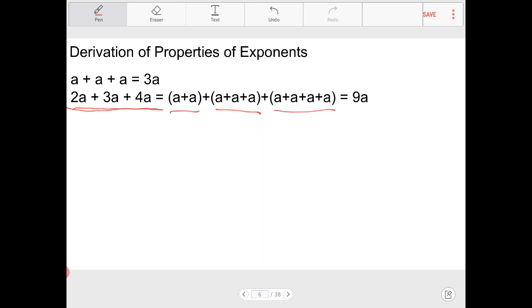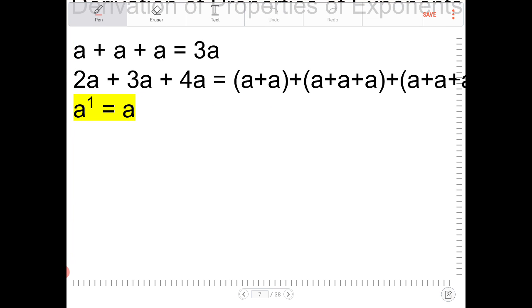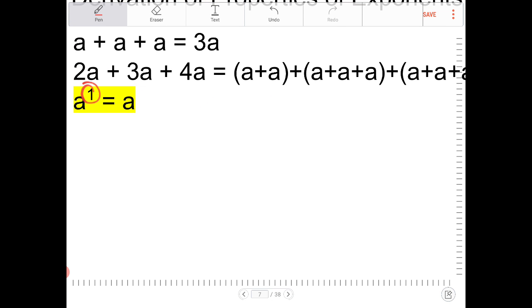So let's say we have another expression, now in the form of exponents. Here, this is an exponent, and I'm telling you that a raised to the first power is equal to a. We never write a to the first power because it's always implied that this is a.